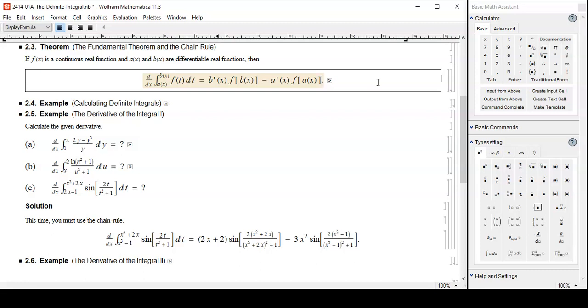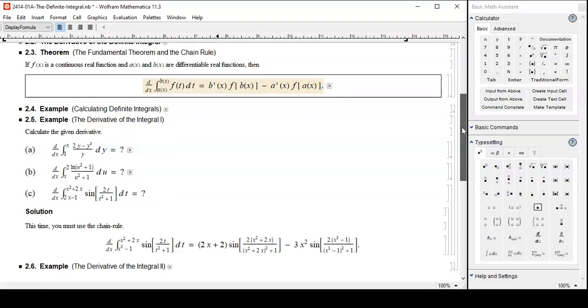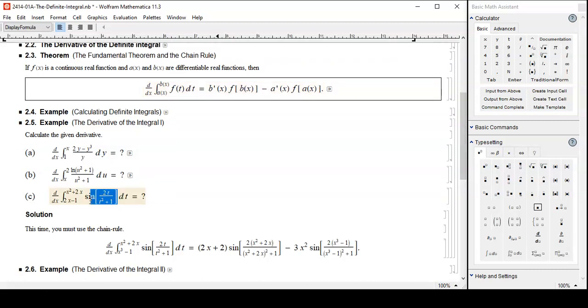Do not be intimidated by these kind of things. You don't have to take the antiderivative. It's just fundamental theorem plus chain rule problem. Also, do not take the derivative of this. You see, derivative of antiderivative. So you have to get this one back, more or less. But if you take another derivative here, then you're going over the second derivative. So taking the derivative of the sine, that's not going to give you any credit.